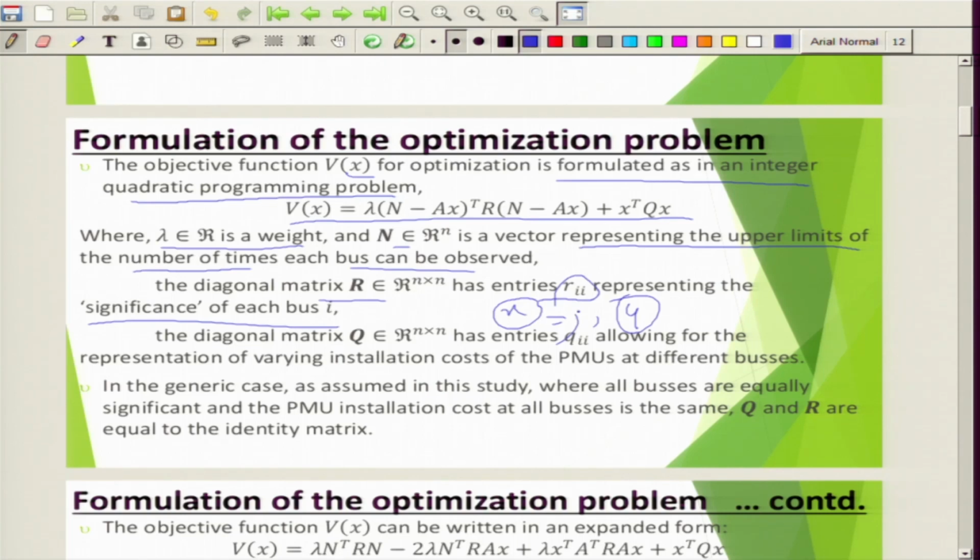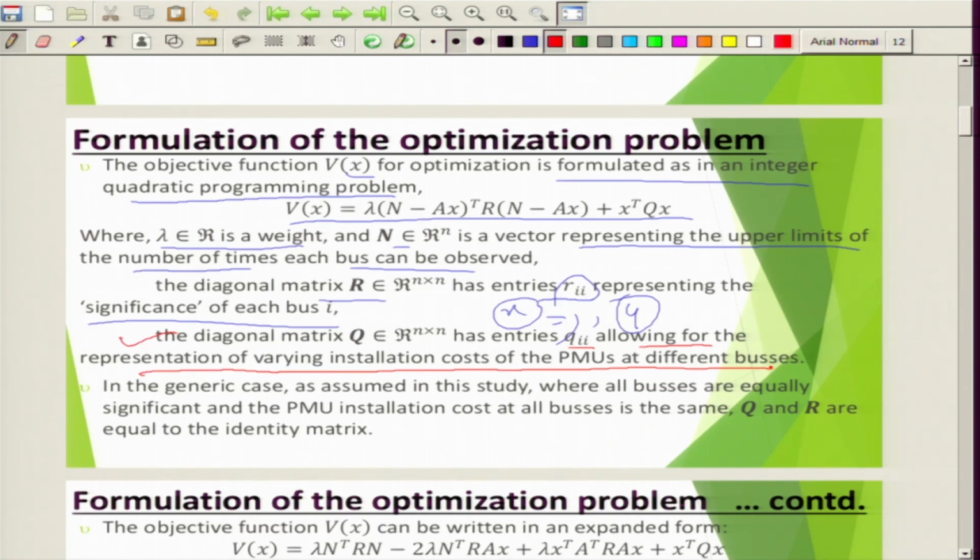And then there is a diagonal matrix Q with entries Qii allowing for the representation of varying installation costs of the PMUs at different buses. So diagonal matrix Q indicates the cost associated with the PMU, and diagonal matrix R indicates the weightage of the buses.